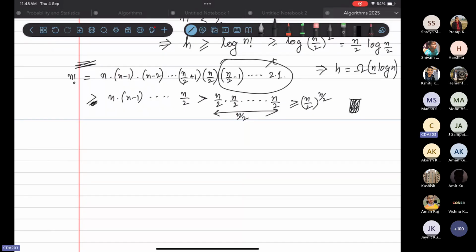Next thing that we'll do is we'll now restrict ourselves. Still, we'll see some variations of the sorting problem.